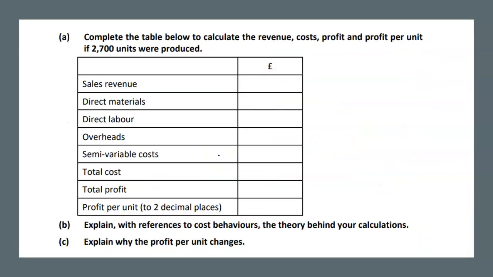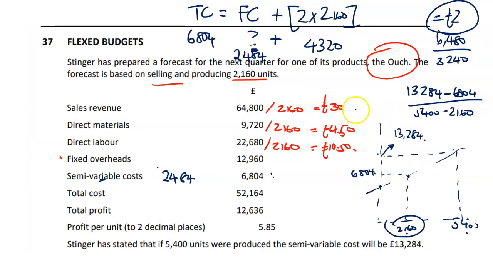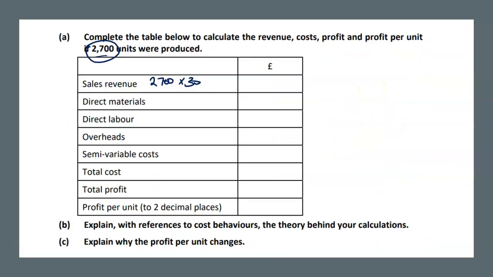So now what they want us to do is to tell them what things would be like if we were making 2,700 units. And that's great. So 2,700 times 30. If you remember, we found that 30 over there, right? Then I'm asking you to say 2,700 times £4.50. I'm asking you to say 2,700 times £10.50.